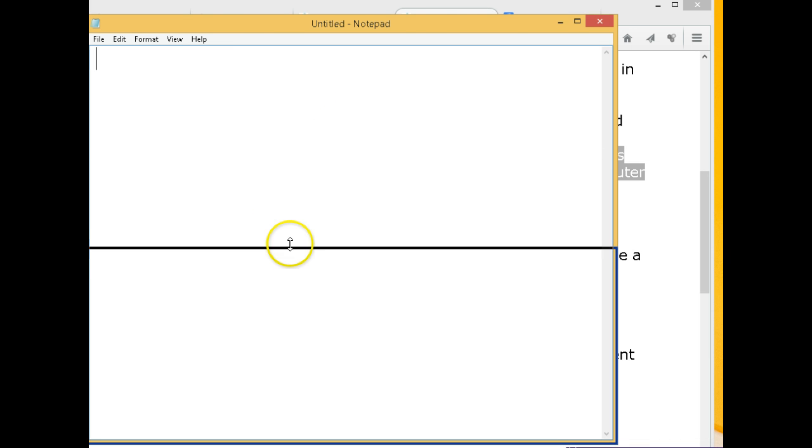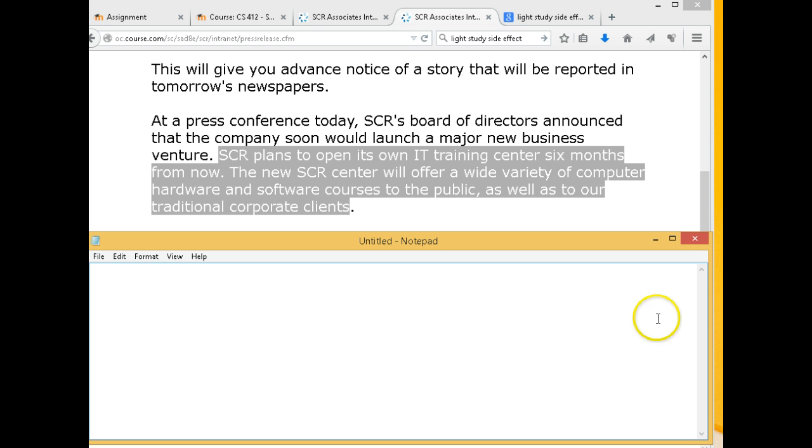Okay, so for our scope, our initial mission statement, we could basically formulate, let's see, training center. We're not doing the training center. Our company's doing the training center.